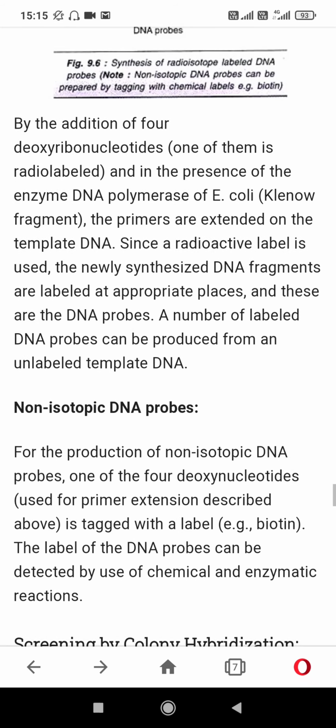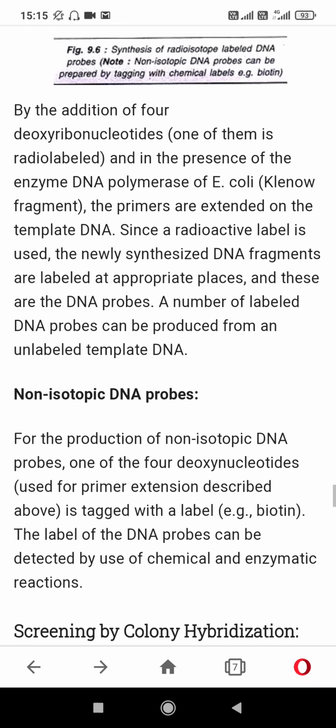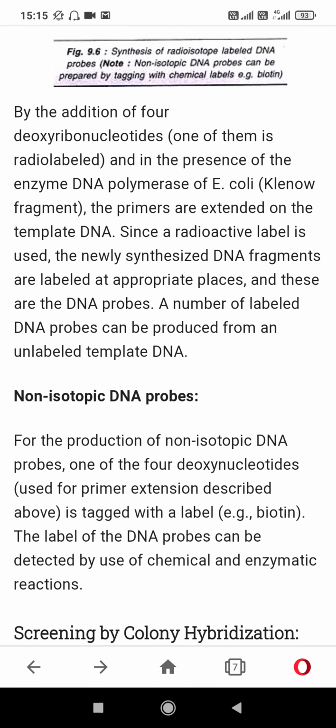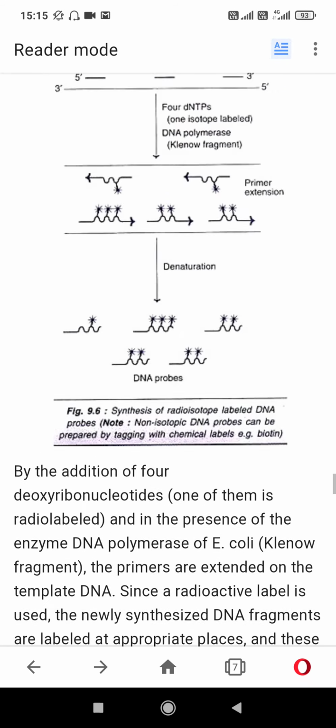Now sometimes non-isotopic DNA probes are used because radiolabeled isotopes have some toxic effects. They also cause some environmental pollution. So nowadays non-isotopic DNA probes are also being used, by using the same primer extension method as described above.